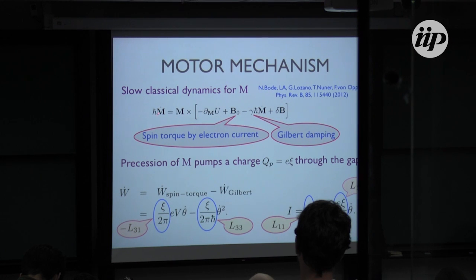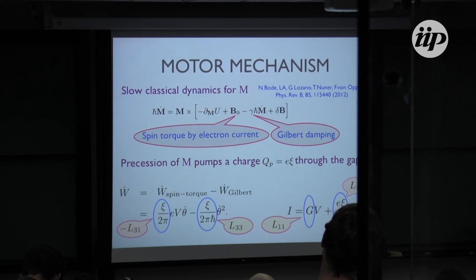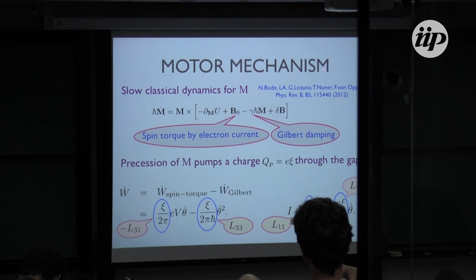And there is a way, starting from the microscopic Hamiltonian, to exactly derive the classical equation of motion for this magnetic moment, which is the Landau-Lifshitz-Gilbert equation. This is the counterpart of the Langevin equation for the case of magnetic moments.